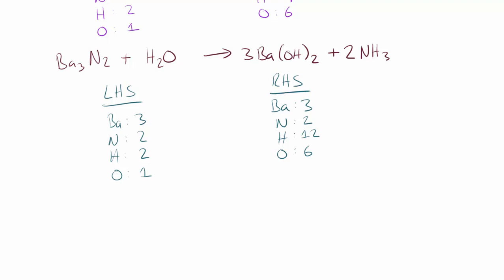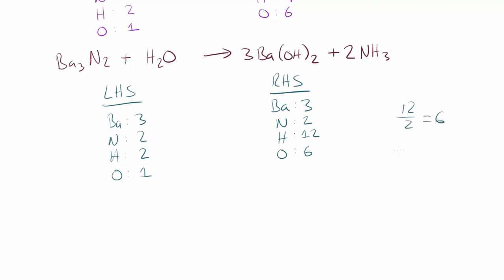Now let's give some consideration to what's really the difference here. If you do some visual inspection, you can see that we need to increase the number of hydrogens on the left-hand side by a factor of 6 to get it balanced with the right-hand side, right? Obviously 12 divided by 2 is equal to 6.